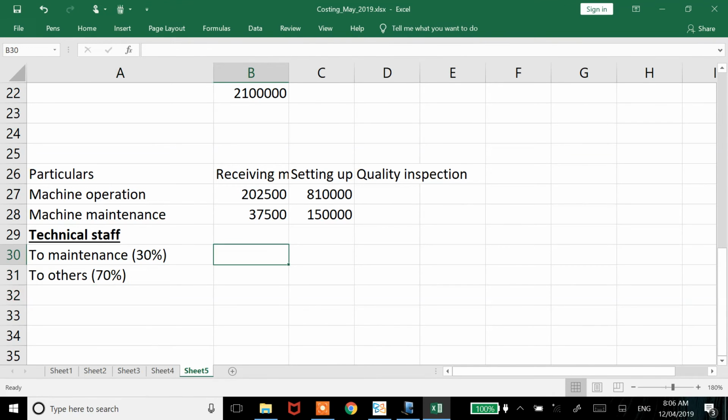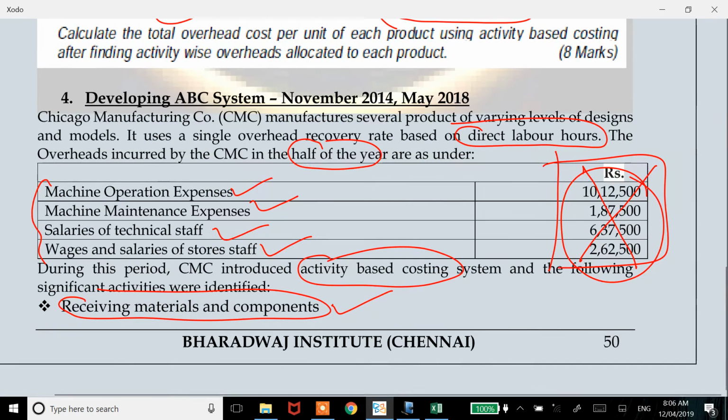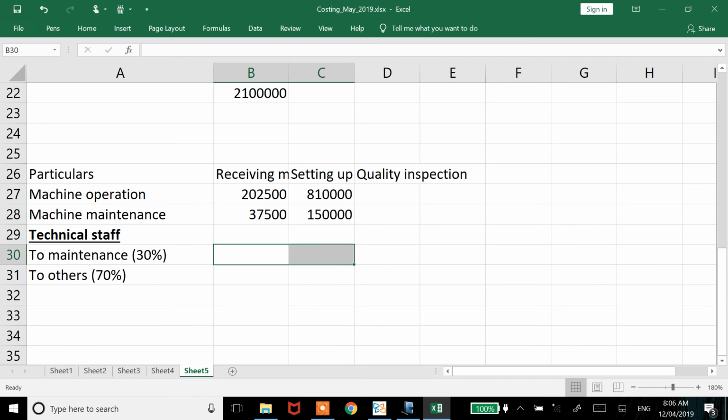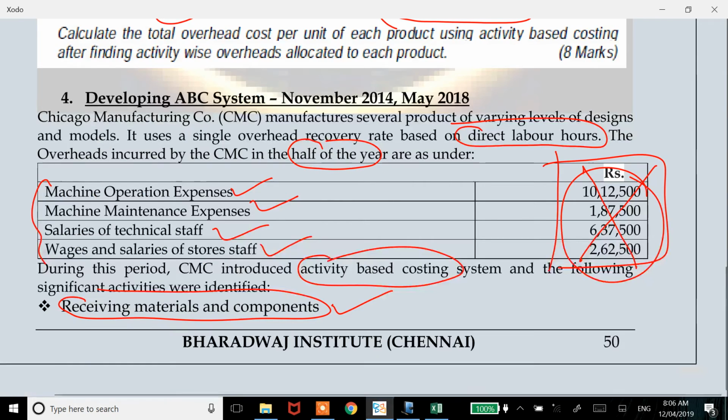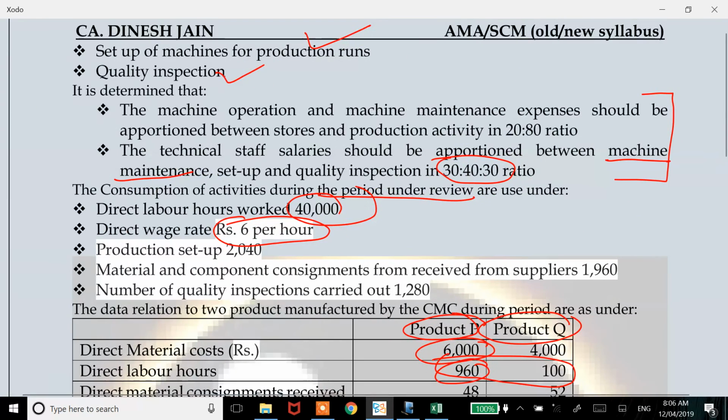Listen for a minute. 30% of 637,500, whatever number you get, split that as 20:80 for receiving and setting up. Balance number: 40% to setup and 30% to quality inspection.